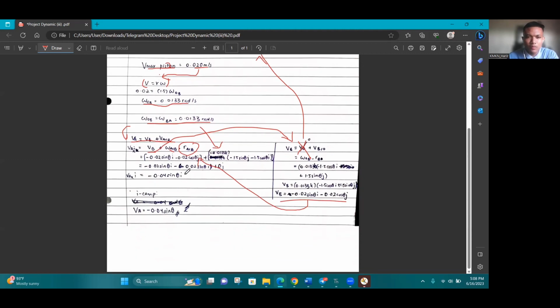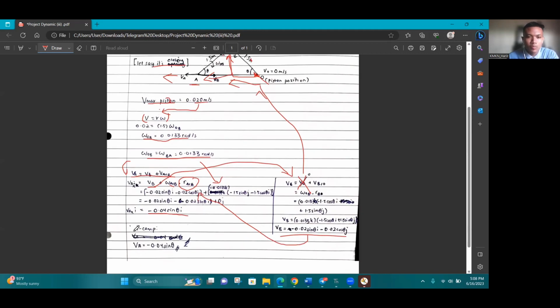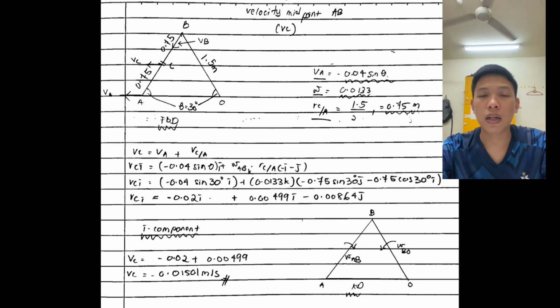So after calculating all of this, we get the final value of velocity A, negative 0.04 sin theta I. So we make a comparison of the I component, and we finally get the average velocity of VA, which equals negative 0.04 sin theta.